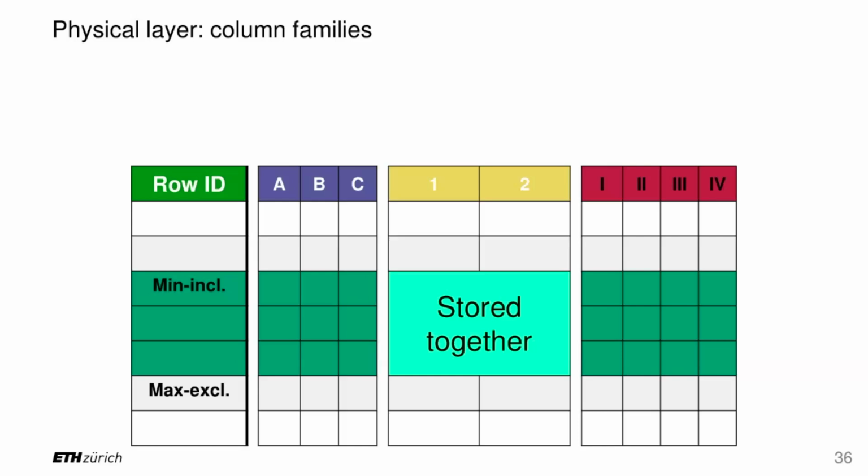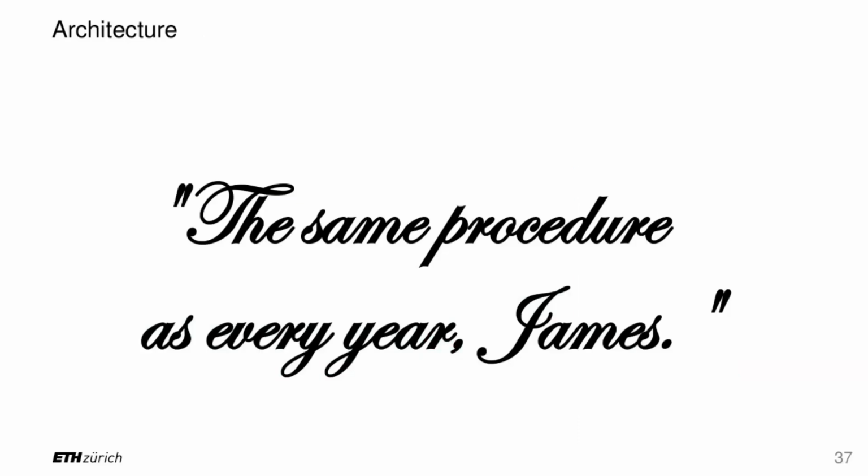Okay, so this is what we store together. And we are going to look closer at how a specific region and column family are going to be stored on top of HDFS and in the memory. All right, so this is the first thing to remember.